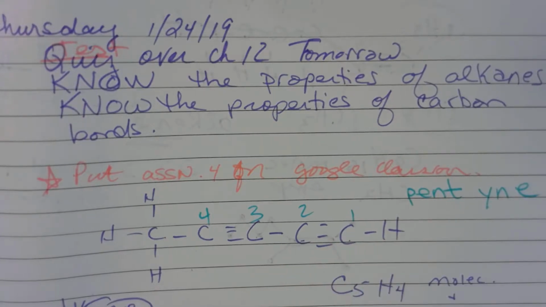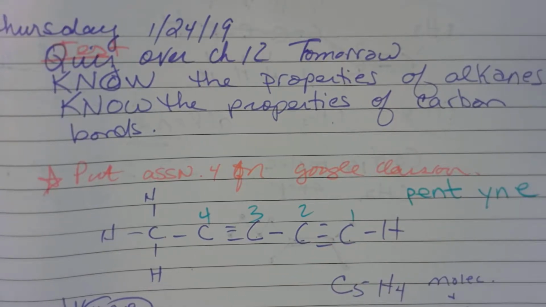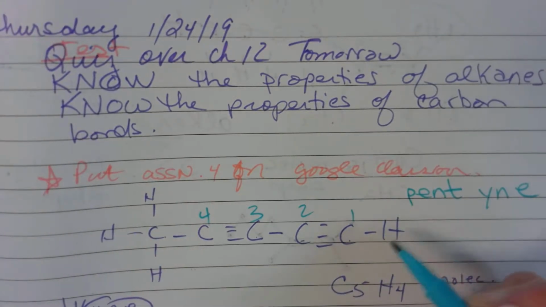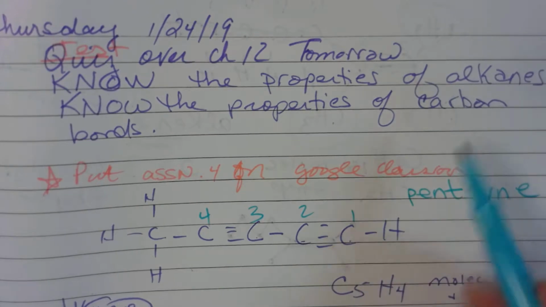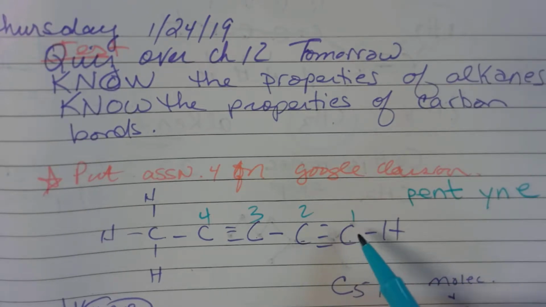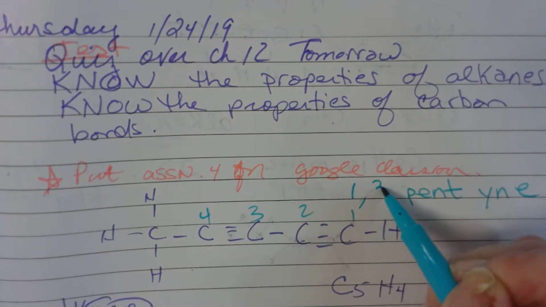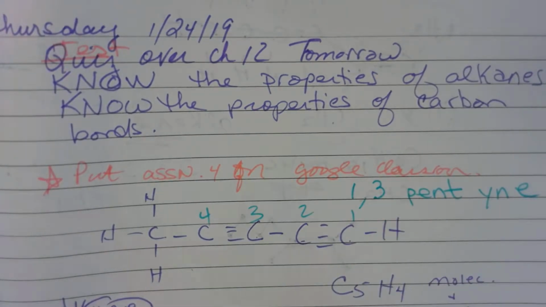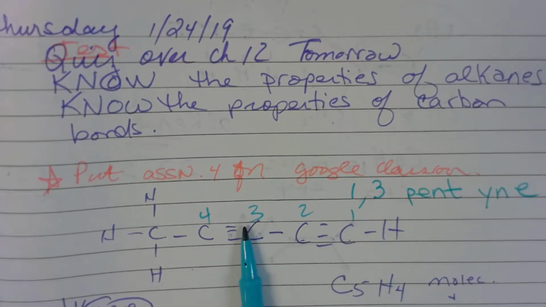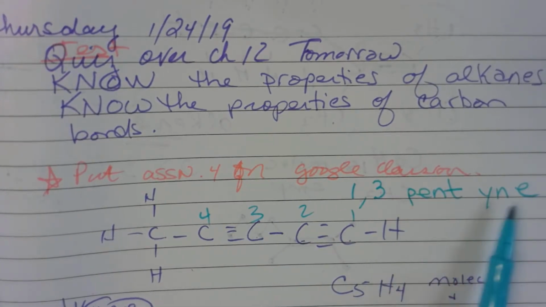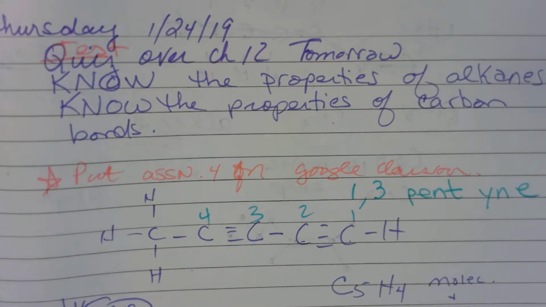If you numbered from the other direction, your triple bond would begin at 2. Okay? The triple bonds occur at carbon number 1 and carbon number 3. Okay? So 1, 3-pentyne.